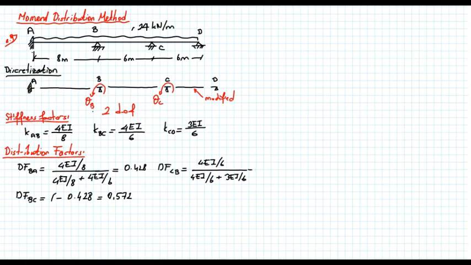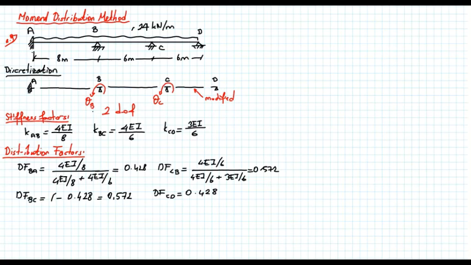So this will give me a distribution factor equal to 0.572, and the distribution factor CD will then be equal to 0.428. Now we know that the distribution factor for node A is equal to 0 and the distribution factor DC is equal to 1. So I didn't write them one more time.